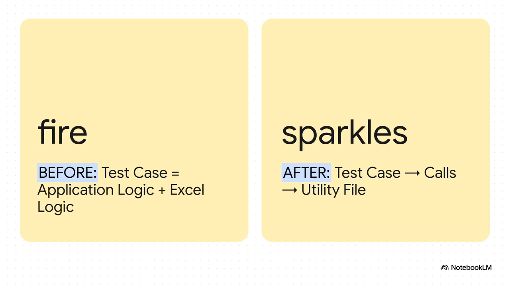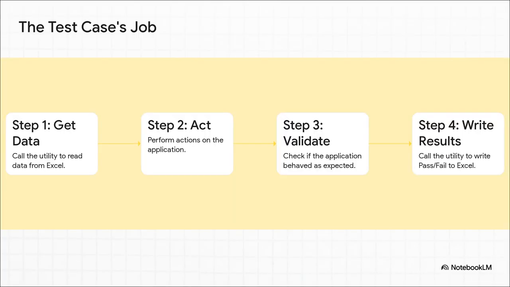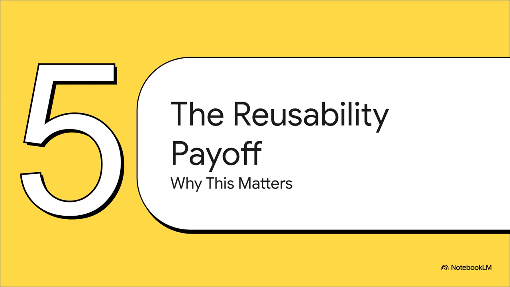It delegates the work. The test case basically becomes the manager or an orchestrator. It's not doing the nitty-gritty data work anymore. It's just focused on the main goal, testing the app. It says, hey, utility file, I need some data. It performs the test. Then it says, okay, utility file, write this pass result back to the sheet. So much cleaner.